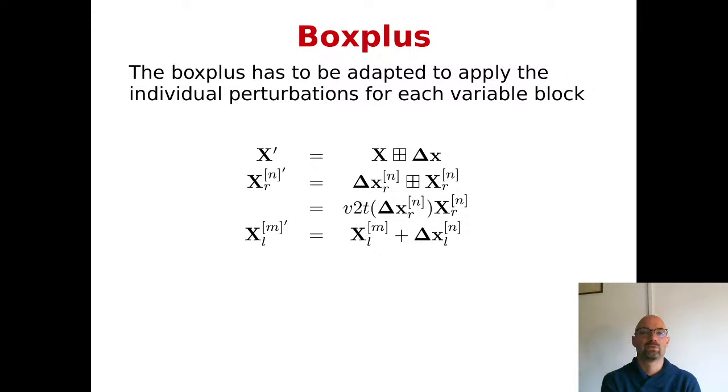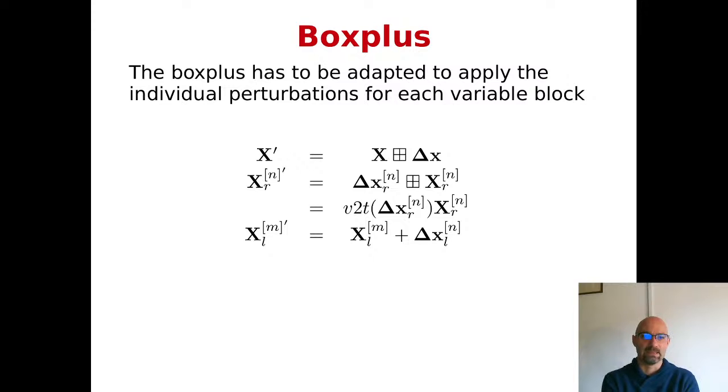Now, given this perturbation vector, I have to invent a box plus operator. I could do anything I want, but it makes sense to extend the definition of the box plus used for the SE3.